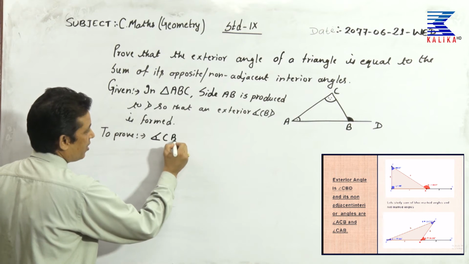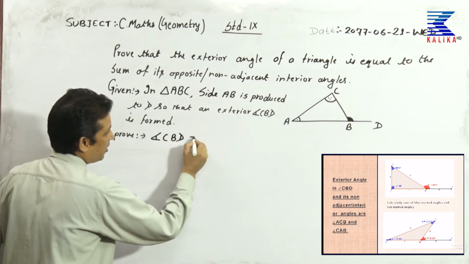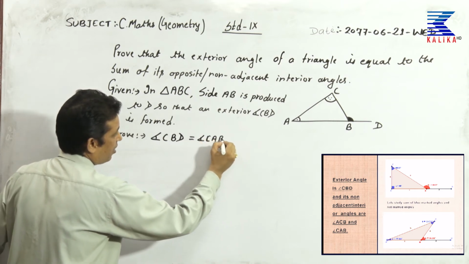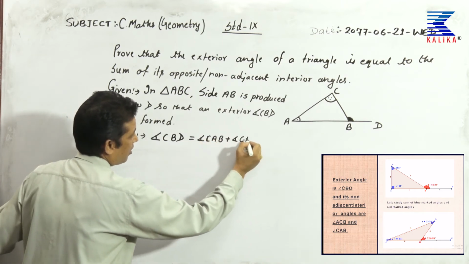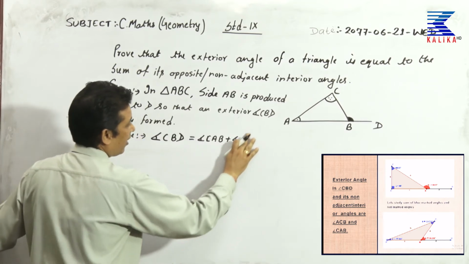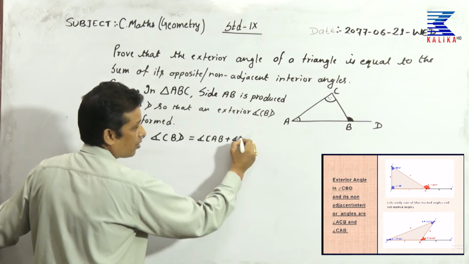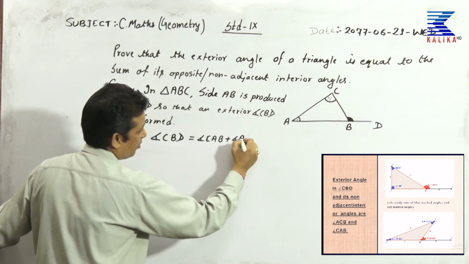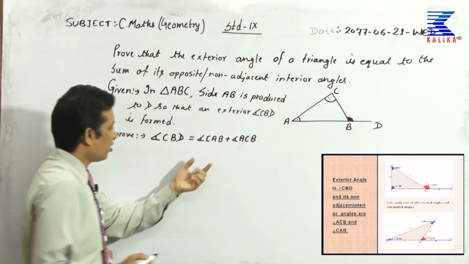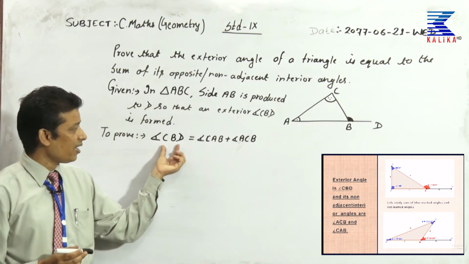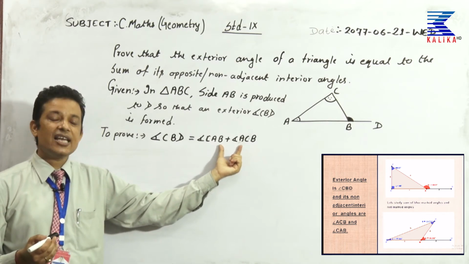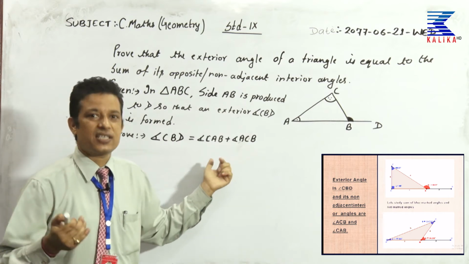Angle CBD is equal to angle CAB plus angle ACB. This is CAB, this is ACB. We need to prove that exterior angle CBD is the same as the sum of its opposite interior angles CAB and ACB, its non-adjacent angles, you can say.